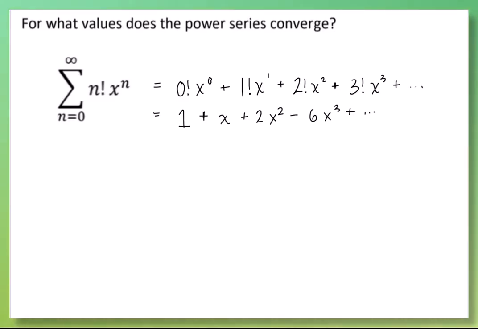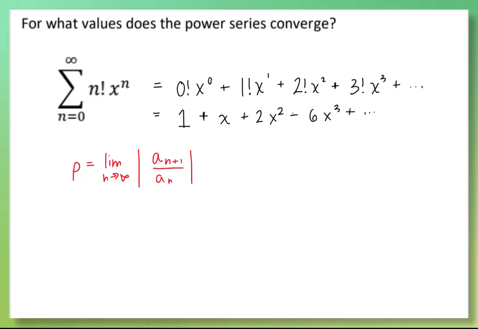So we want to know where this power series will converge. In order to find that convergence, we look at determining the interval, and we're going to do that using the ratio test. If you recall, the ratio test involves calculating some value rho, and we calculate rho by looking at the limit as n goes to infinity of the absolute value of a sub n plus 1 over the nth term.